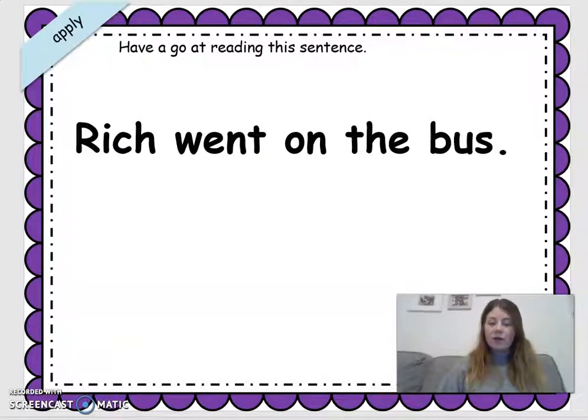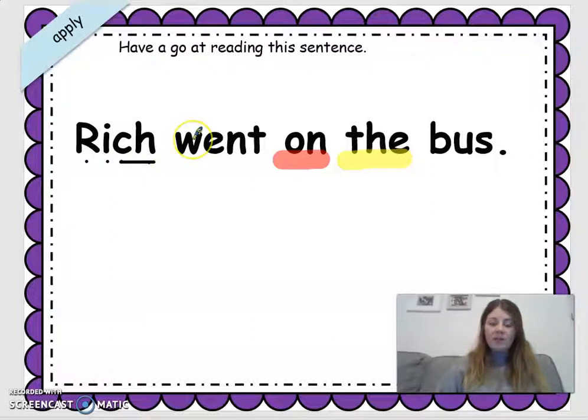Right, let's read the next part of our story. First of all, let's look for any camera words or keywords. This is the camera word the, and we've also got a keyword on. Okay, now let's see if we can put our sound buttons on. Rich, with the ch sound. Is that right? Oh, that's a digraph there, isn't it? That's the ch sound.